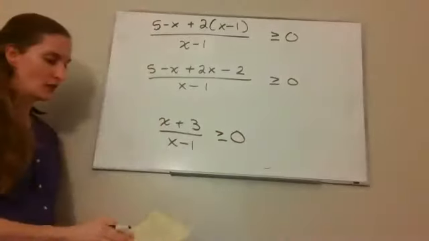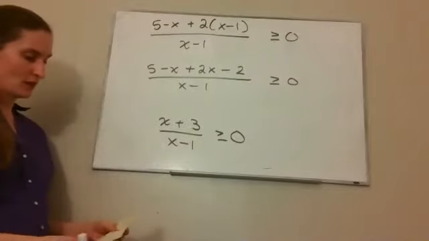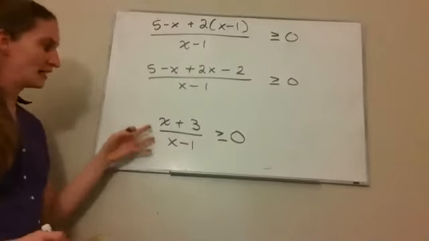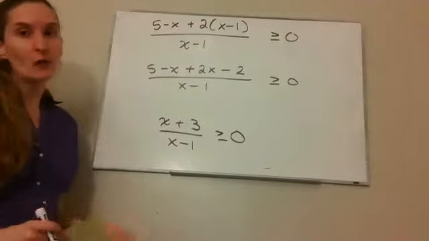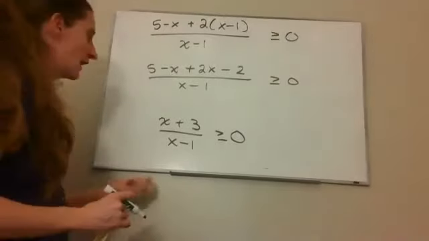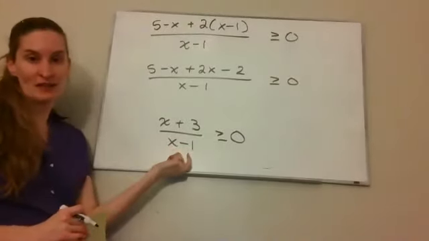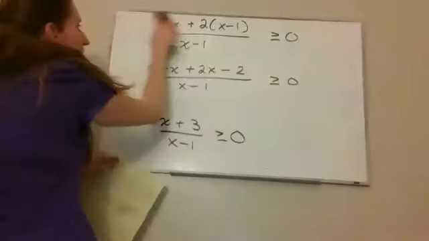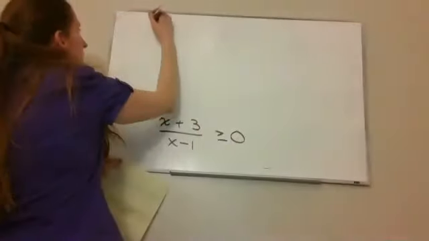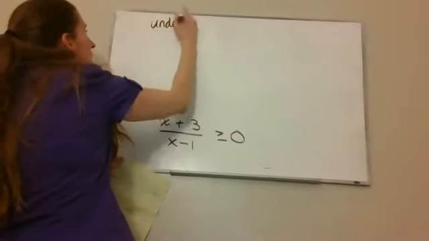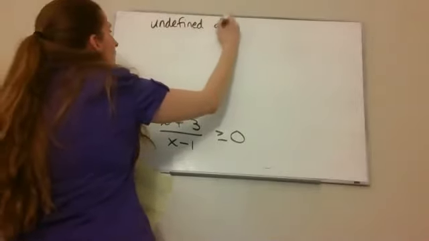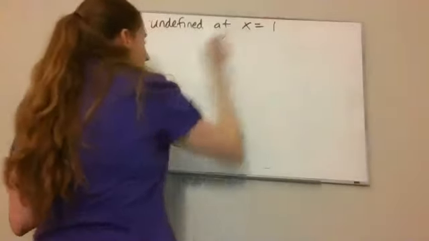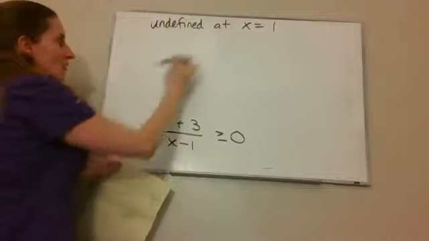And now to finish solving this, I want to figure out where this guy is equal to 0 and also where it's undefined. I can already see where it's undefined. It's undefined at x equals 1, so that makes me divide by 0.